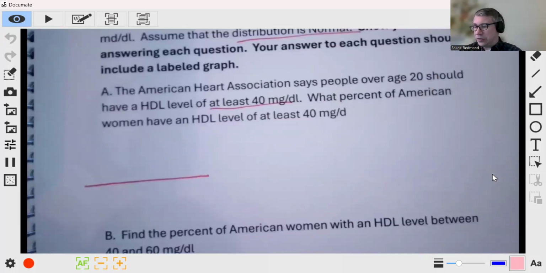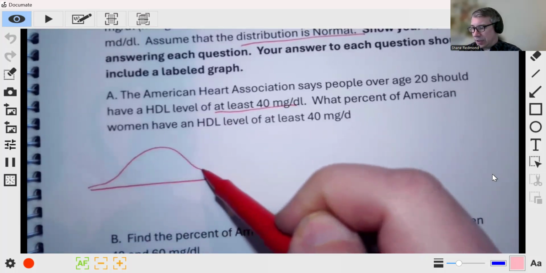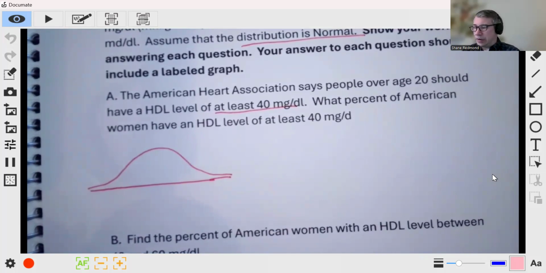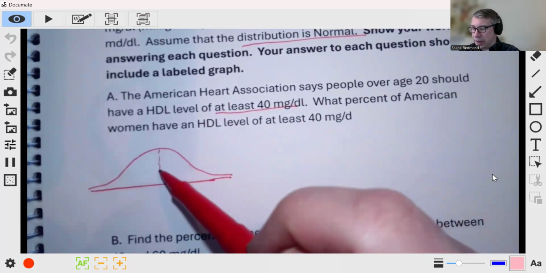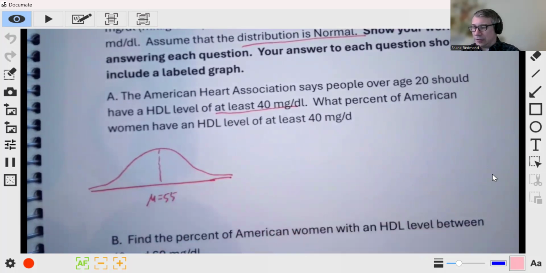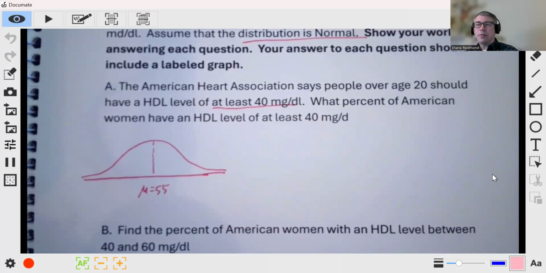So what sort of picture should we start with? We should start with a picture of a normal distribution, a distribution that is symmetric, bell-shaped, and unimodal. The mean should be marked in the middle. So we remember, given in the text of the problem, the mean for this distribution is 55, and the mean of a normal distribution is always underneath that peak. Now, if you want to mark off the standard deviations, that's fine.